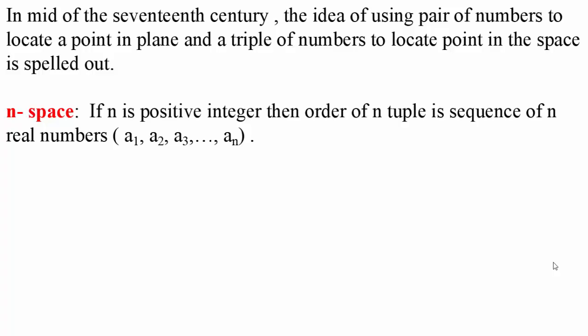If n is a positive integer, then an ordered n tuple is a sequence of n real numbers a1, a2, a3, and so on up to an.